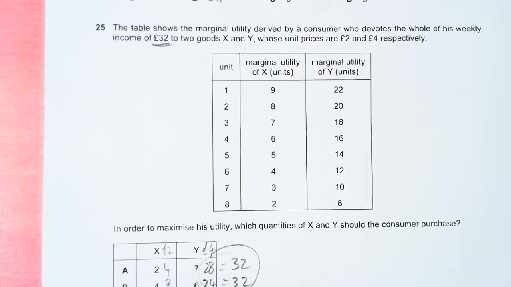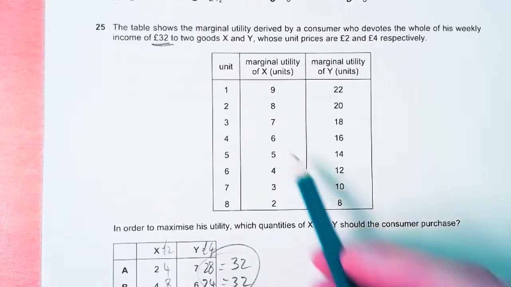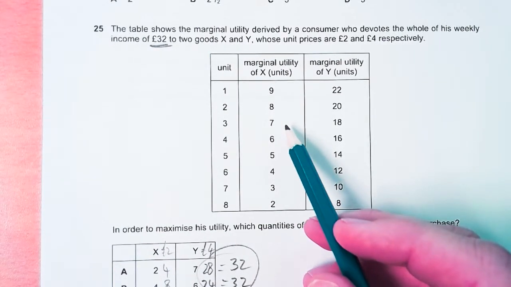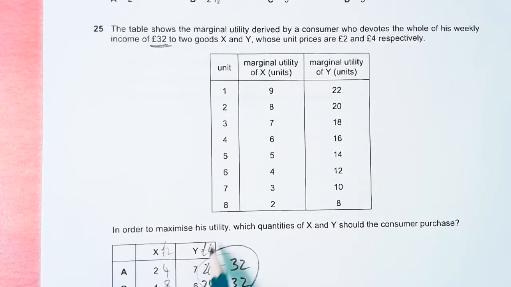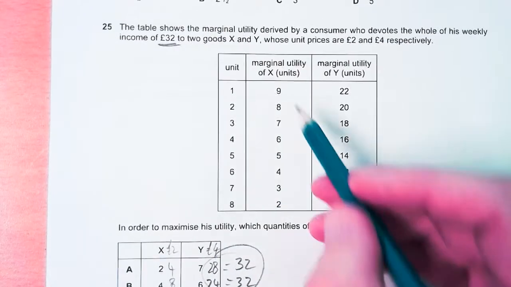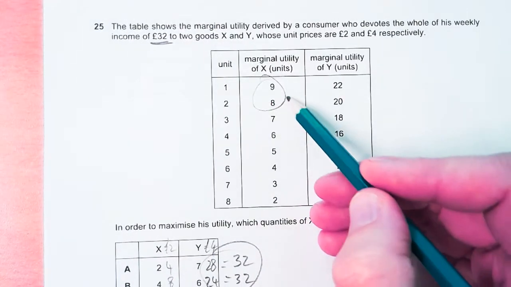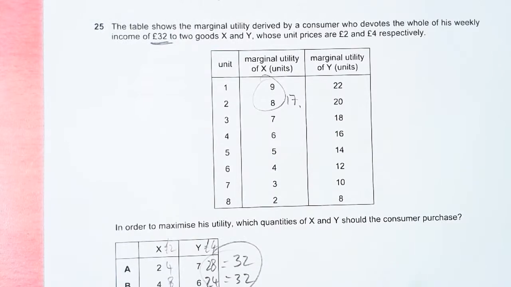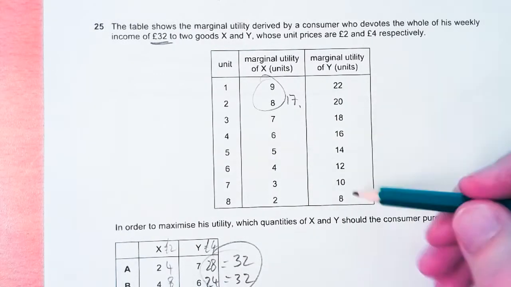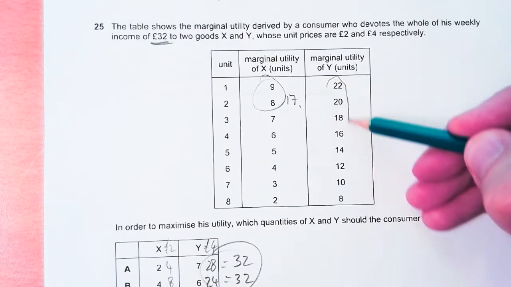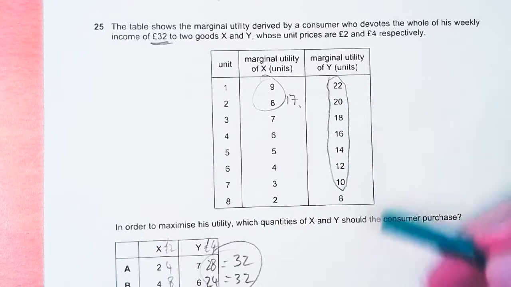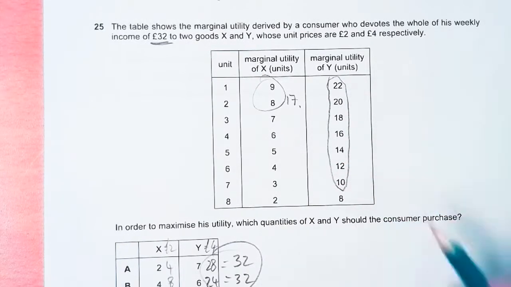Firstly, when it comes to A, we can see the utility derived, and it says in order to maximize his utility. So we're dealing with 17 units of utility, and at 7, we can see based on that it's all of that utility that would be derived.